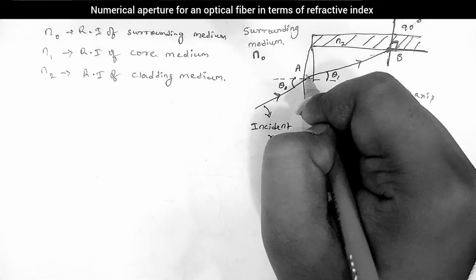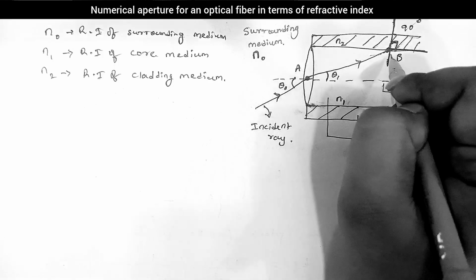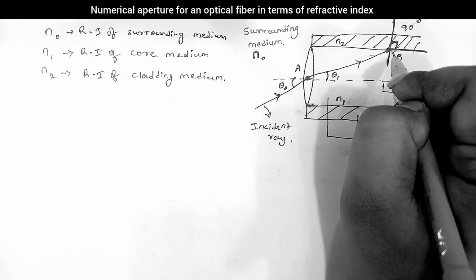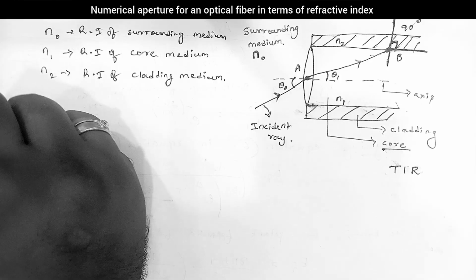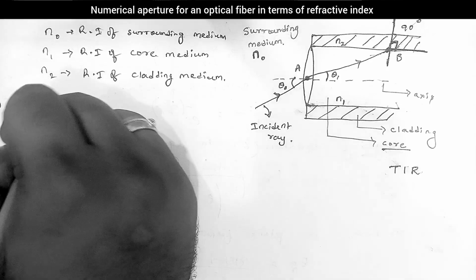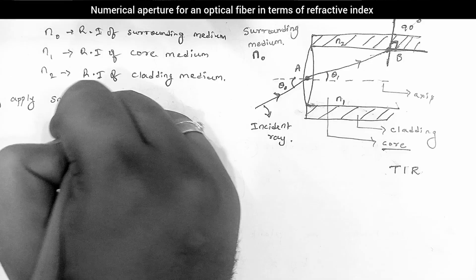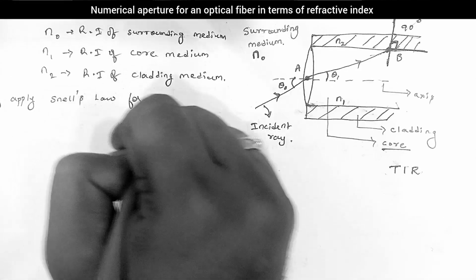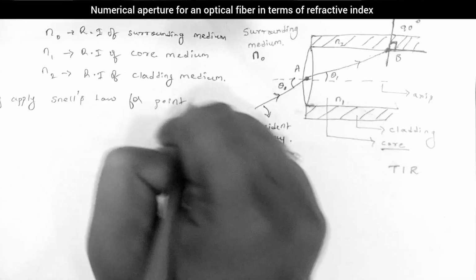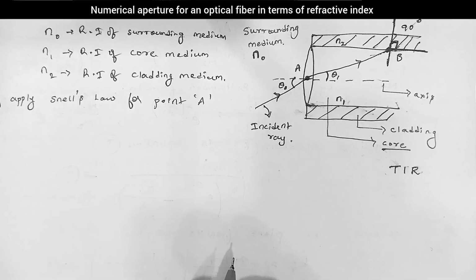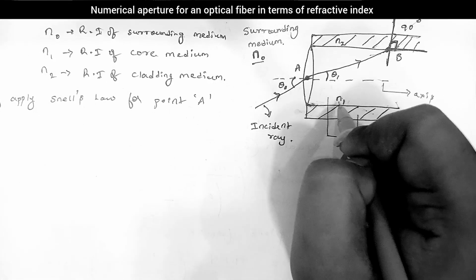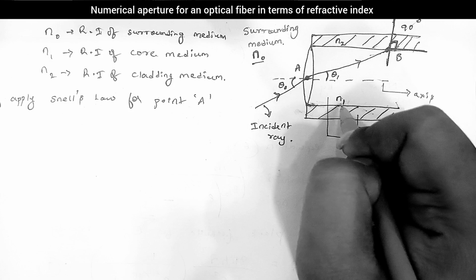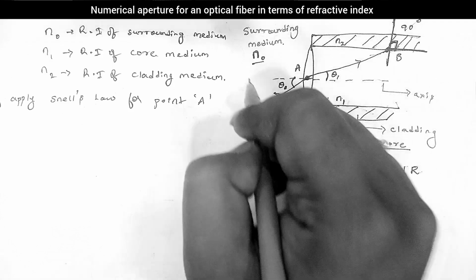Now I will write Snell's law for point A and point B, and I will derive this expression. Applying Snell's law for point A: there are two media, n0, the surrounding medium, and the light is going into another medium n1. How do we write Snell's law?